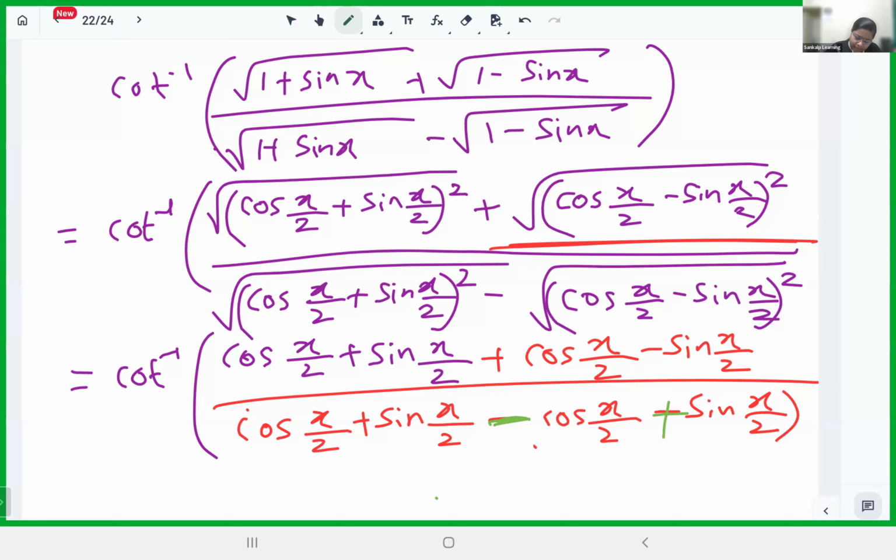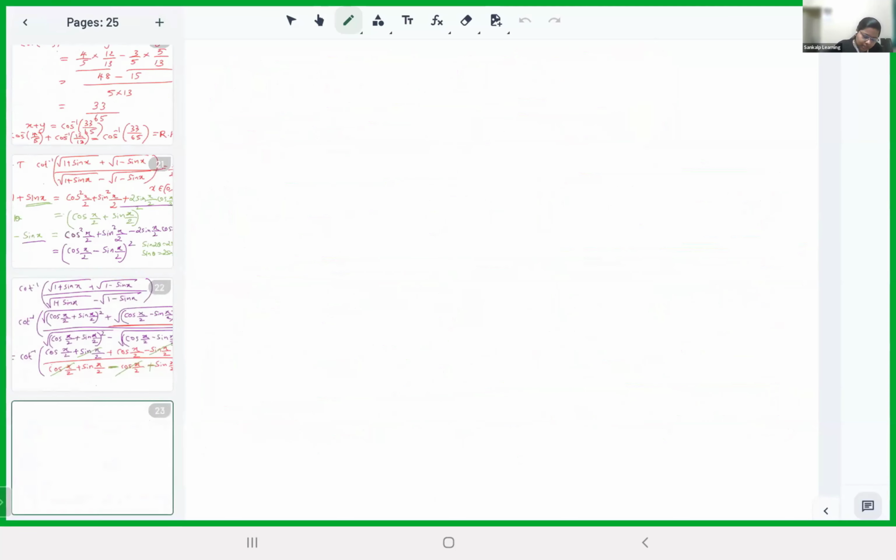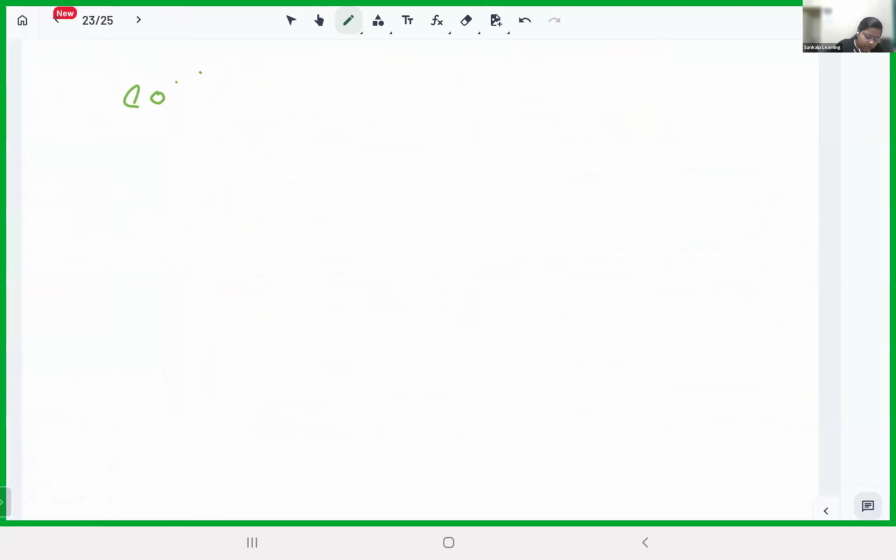Okay, so in the denominator, which value can I cancel? I can cancel this cos x/2 and minus cos x/2. So what is the remaining value? It is cot inverse of, in the numerator, 2 cos x/2, and in the denominator, 2 sin x/2.